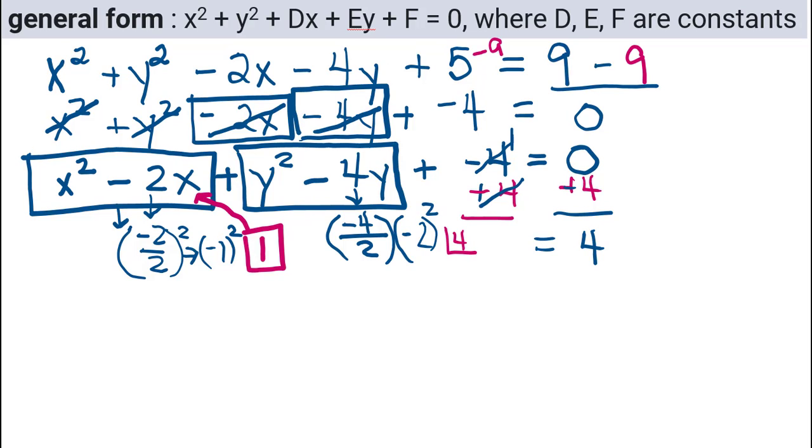So we would complete the square by adding 4 to this part. So what we're going to be doing is adding 1 and adding 4 on the left, and then we're going to have to add 1 and 4 on the right.